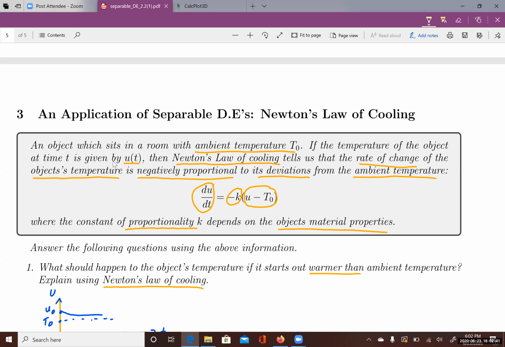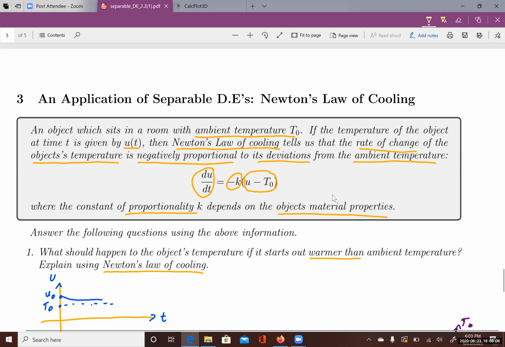The rate of change of the temperature is negatively proportional to the difference between its temperature and the ambient temperature. And the k here is a constant of proportionality of the object, and it depends on the materials that the object is made of.